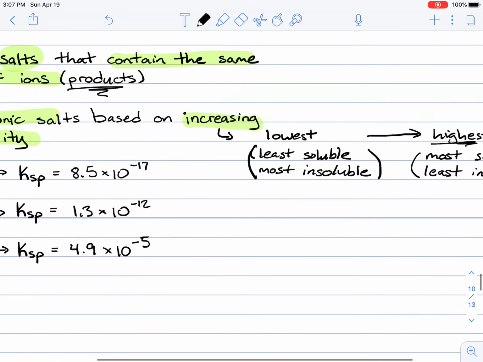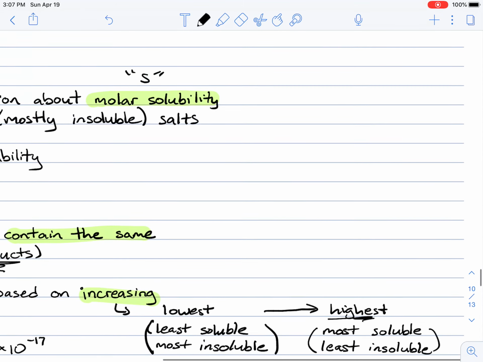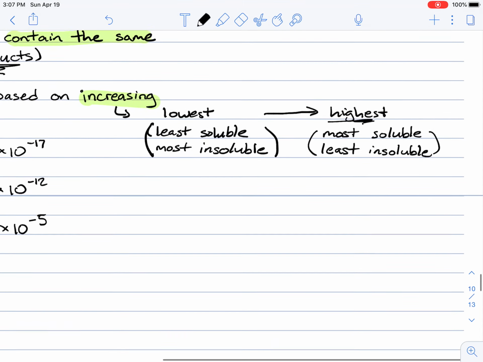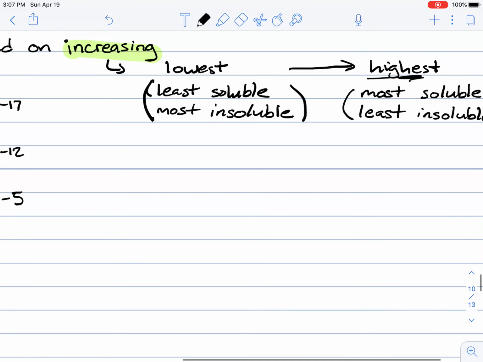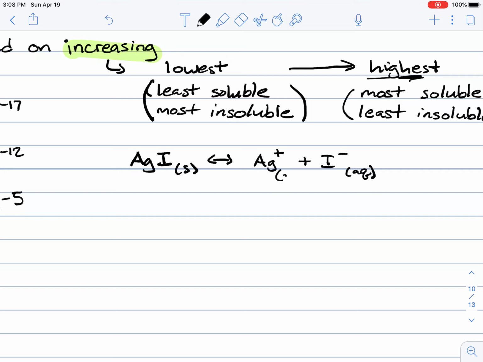If we have AgI, silver iodide, this is the slightly soluble, mostly insoluble salt, and when a small portion of it dissociates, it's going to produce silver ion and iodide ion. They're all going to be aqueous in phase.